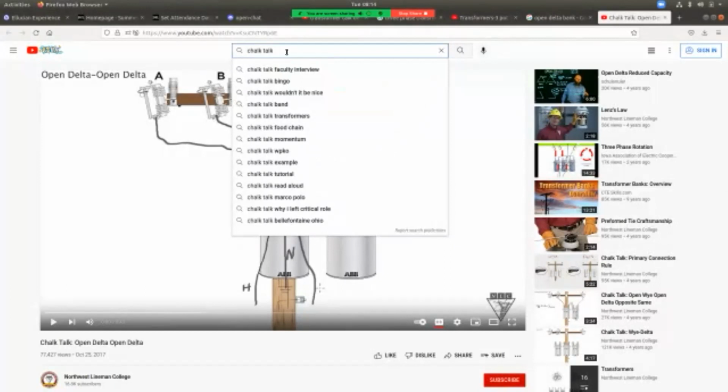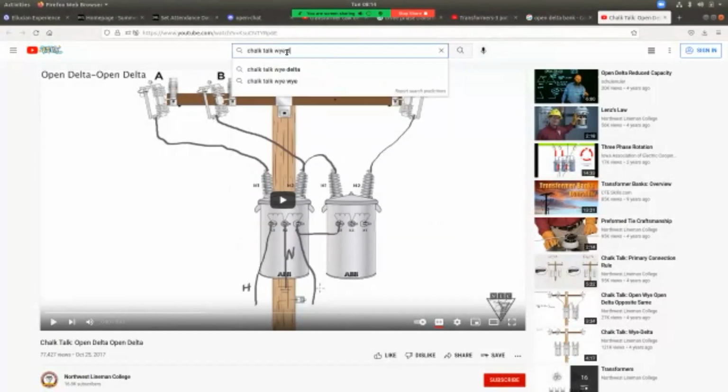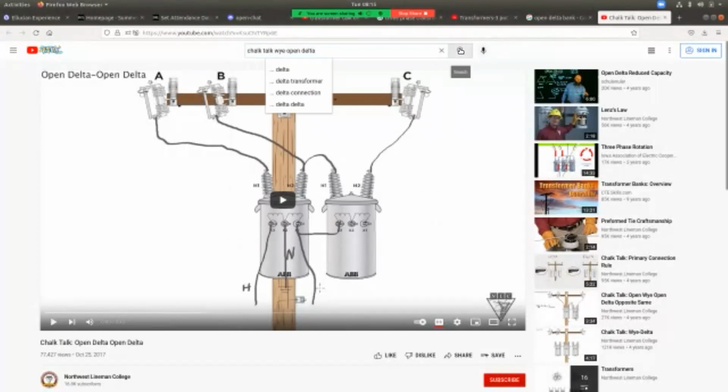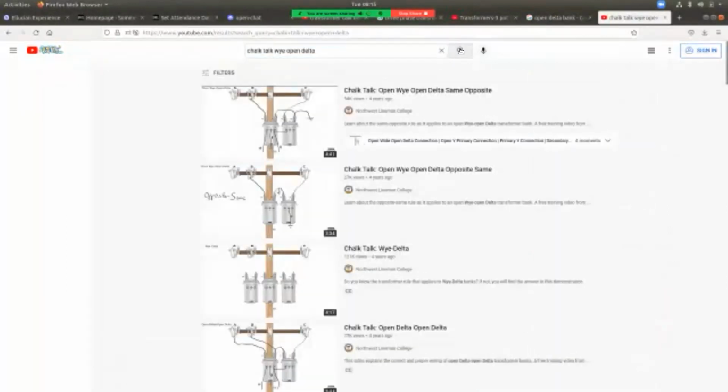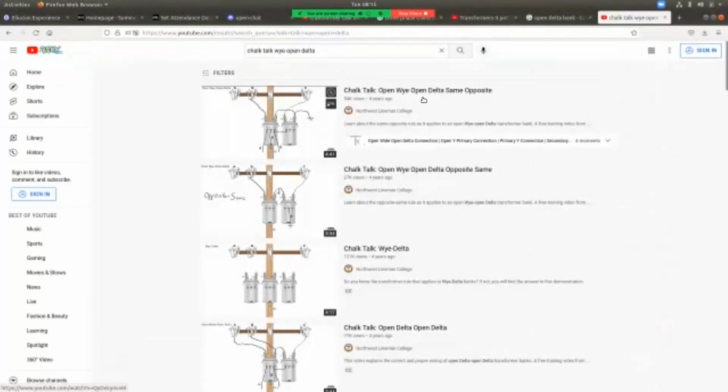Okay. Chalk Talk, Y open delta. So I specified Y is my primary, then open delta is my secondary. I'm just going to do a search on it. There you go. Open Y, open delta. This is the one we're going to use right here.